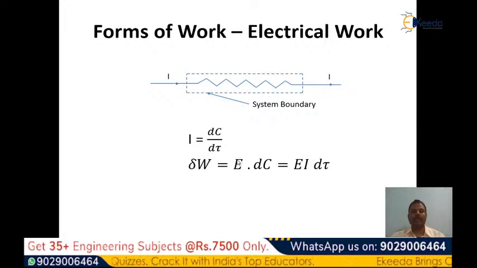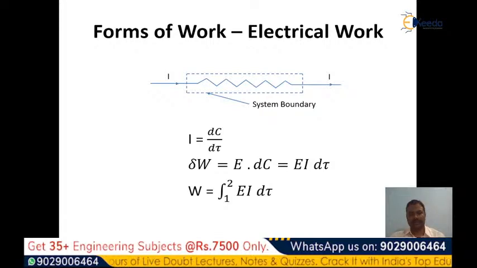Here E is the potential difference. It is equivalent to the force definition of work, and dc is the charge that is crossing the system boundary. Substituting for dc, the work done can be written as the integral from 1 to 2 of E I d tau.